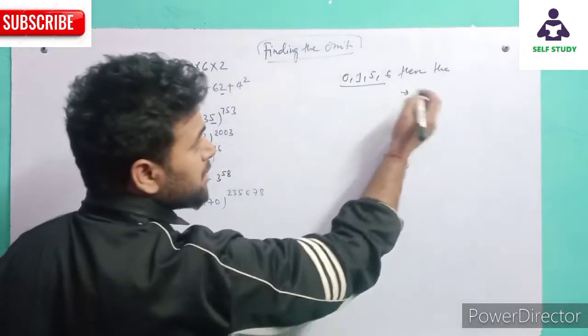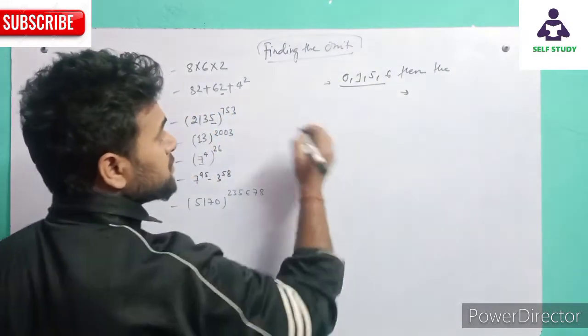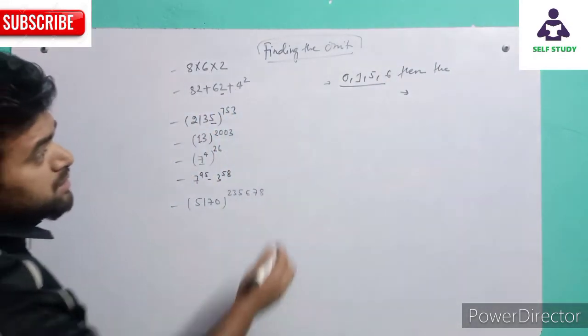That means the unit digit of its power is also 0, 1, 5, or 6.